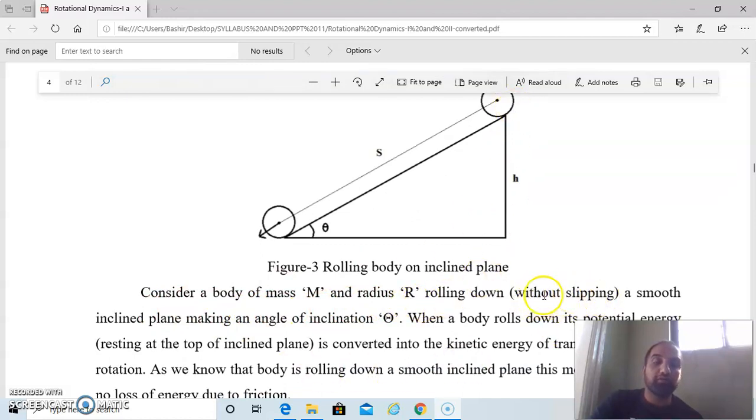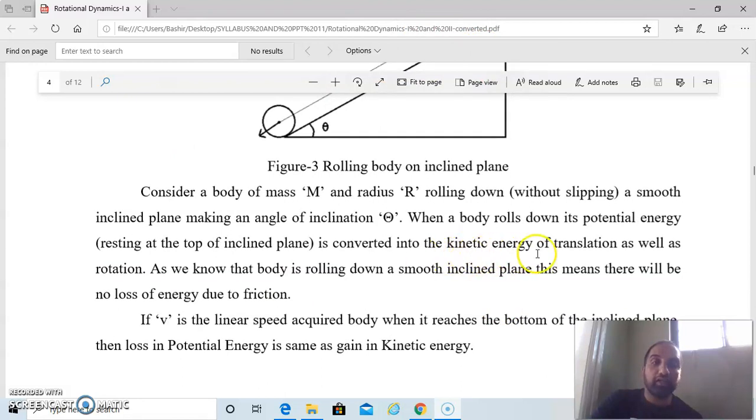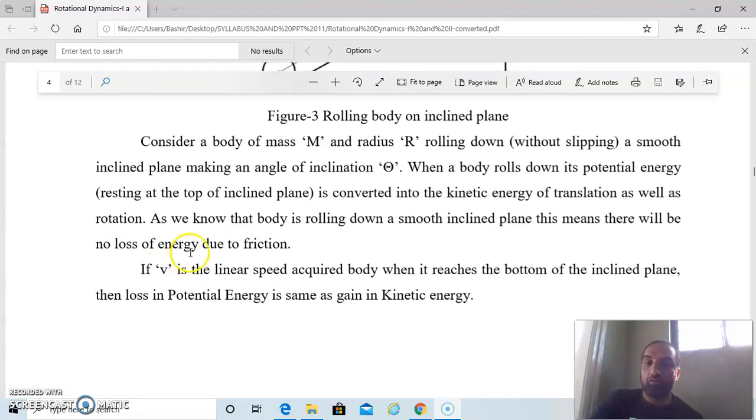That is very important, meaning there is no friction loss, a smooth inclined plane making an angle theta. When the body rolls down, its potential energy is converted into kinetic energy, and the kinetic energy is translational as well as rotational. As we know, the body rolls down on the smooth plane surface, so there is no loss of energy during the friction.